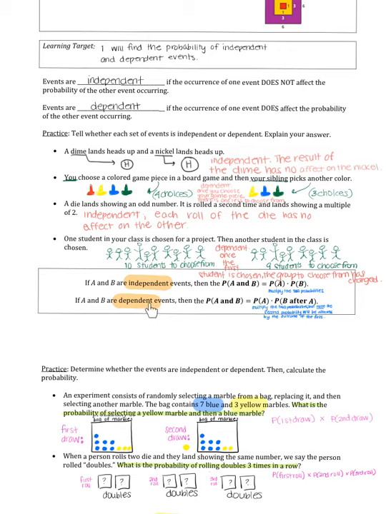However, if they are dependent events and the second event, B, has a probability that changes based on A, we multiply the probability of A as normal, but times the probability of B after A has occurred. Let's see how this plays out.